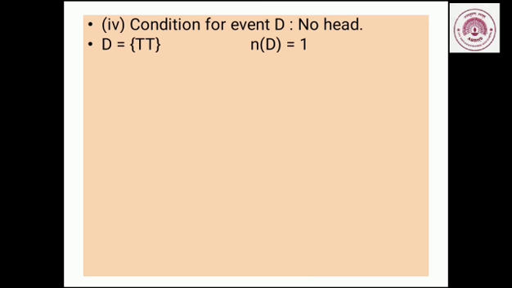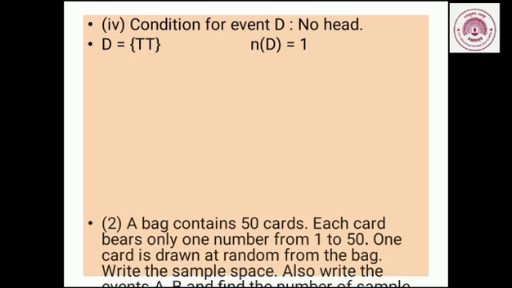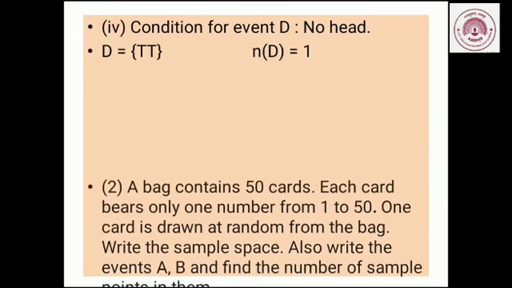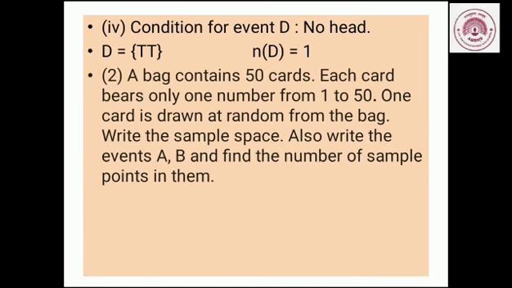Okay, let's take one more example. Let's solve one more question. A bag contains 50 cards. Each card bears only one number from 1 to 50. One card is drawn at random from the bag. Write the sample space.